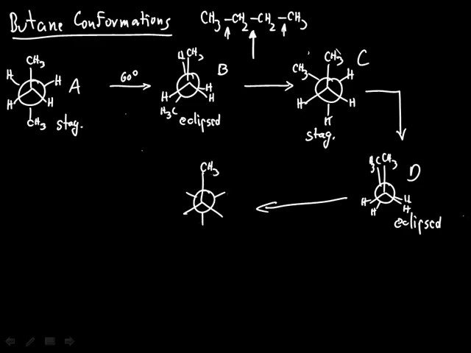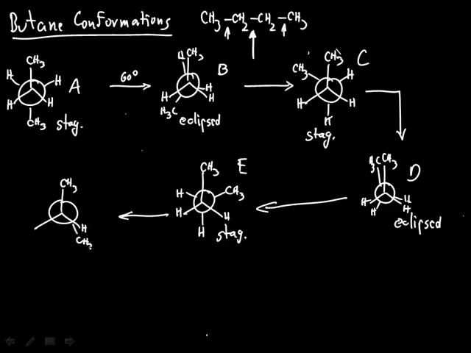Another staggered conformation follows, and this one we shall label as E. And the final conformation is eclipsed again, and we'll call it F. Of course, the final rotation gets us back to the structure A. Now, we have three eclipsed and three staggered conformations, but the question is, are they all equal in energy?